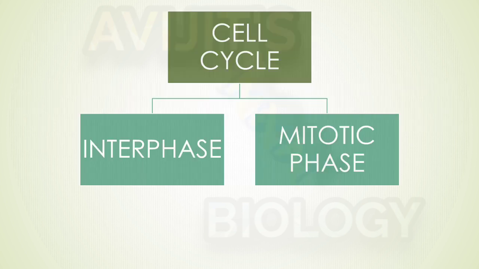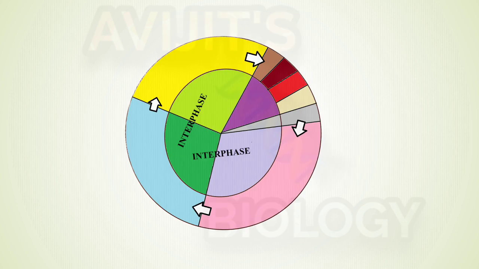The cell cycle mainly consists of two phases. The first one is the interphase and the second one is the mitotic phase or the cell division phase. Now let's see what a cell cycle looks like. At first there is interphase, when the cell does not divide. Preparation for cell division takes place.